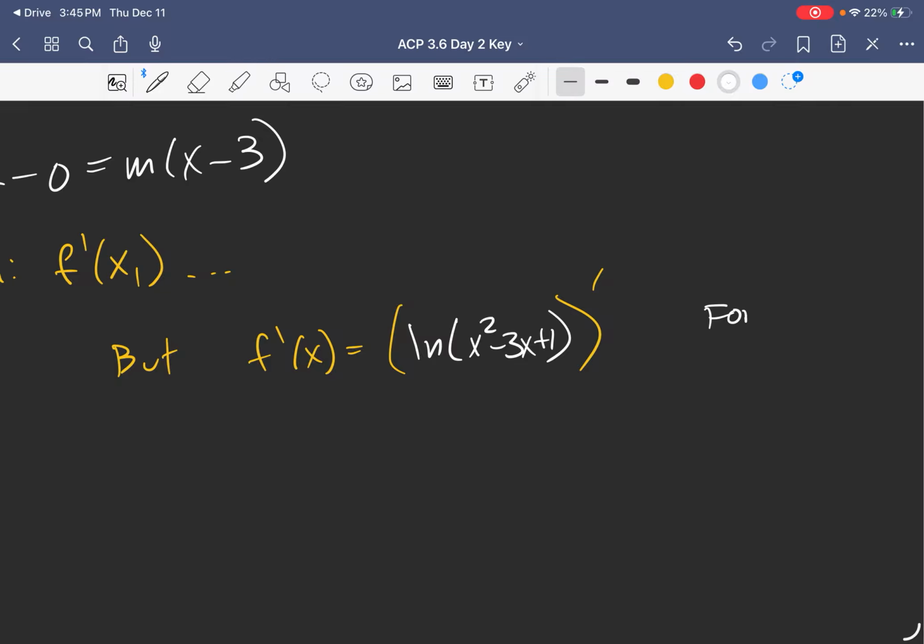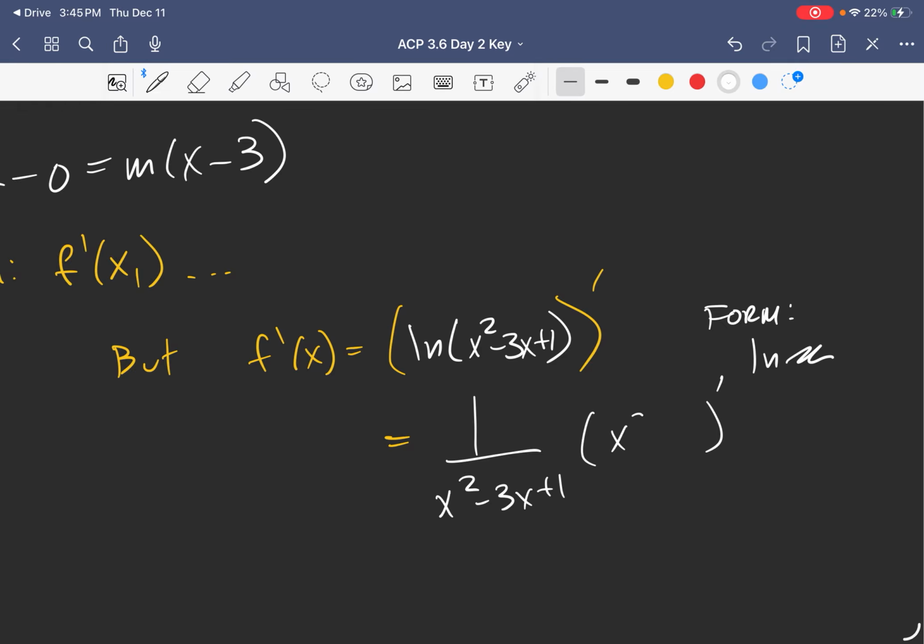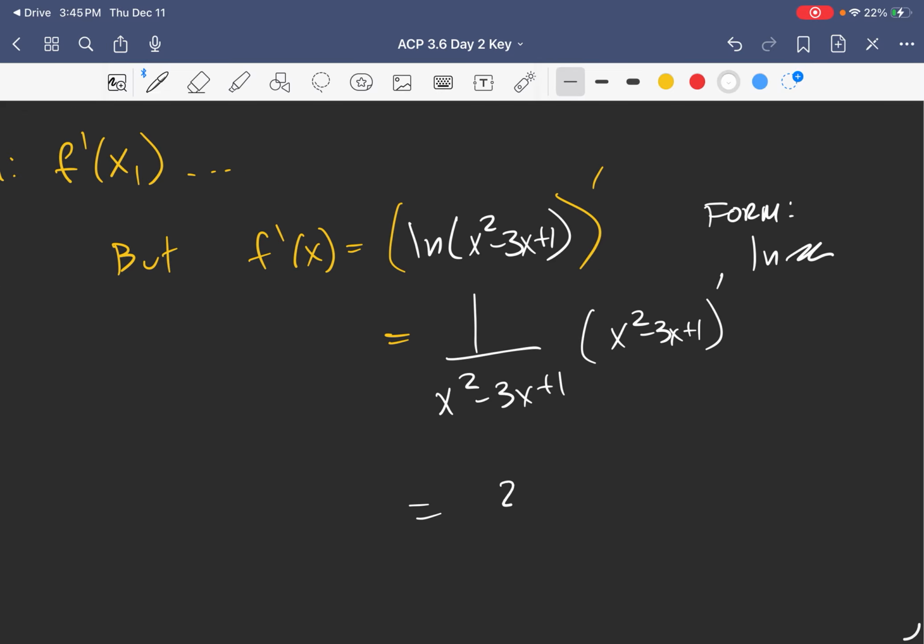The form of this thing is natural log of stuff, so its derivative is going to be 1 over stuff times the derivative of that inside stuff. So it's going to end up being 2x minus 3 over x squared minus 3x plus 1 is my derivative.